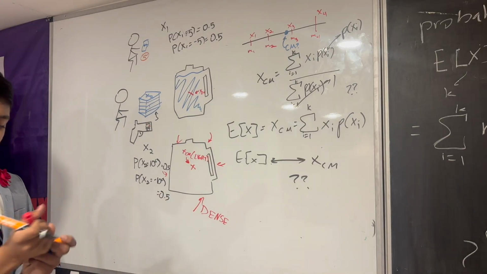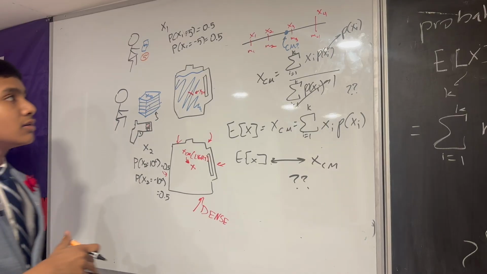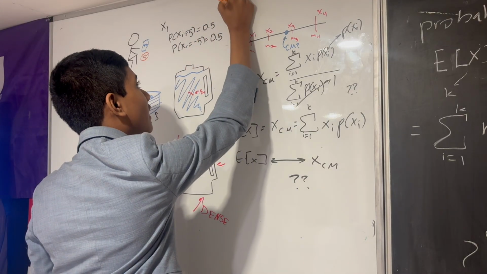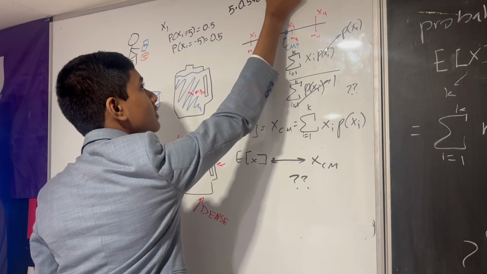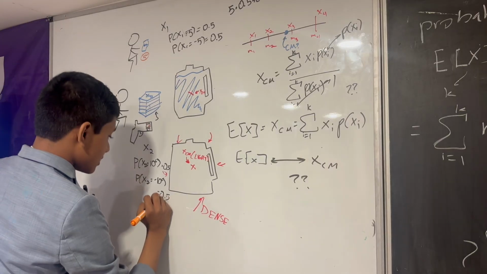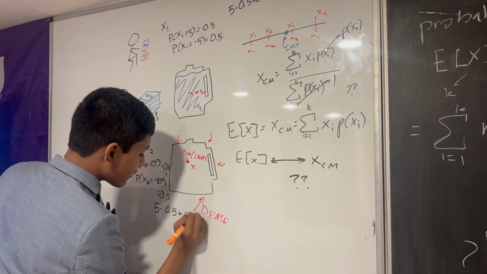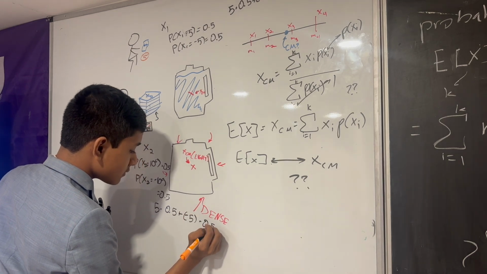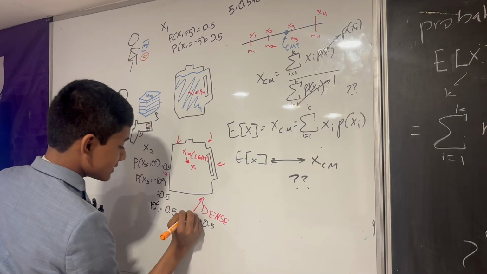So, in this case, what are their expected values? Well, the expected value of this one is 5 times 0.5 plus minus 5 times 0.5, which is 0. The expected value of this is 10 to the 6 times 0.5 plus minus 10 to the 6 times 0.5, which is also 0.